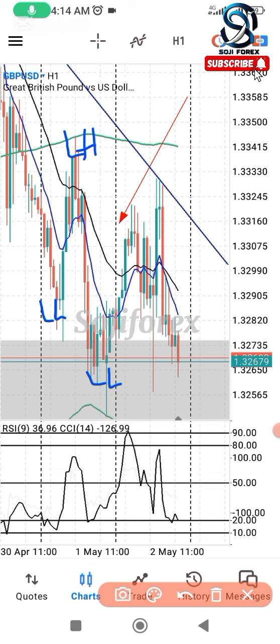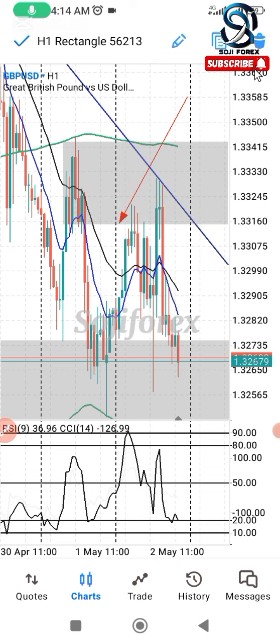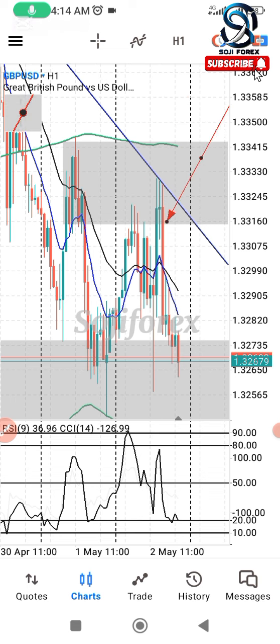So based on this structural point, which is here, we can mark that zone as our order block. So this is our order block as far as this zone is concerned. Now, having marked this order block, how do we bring into play the divergence?